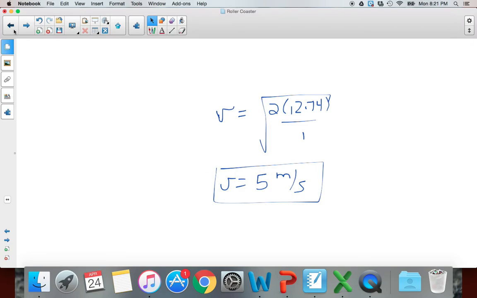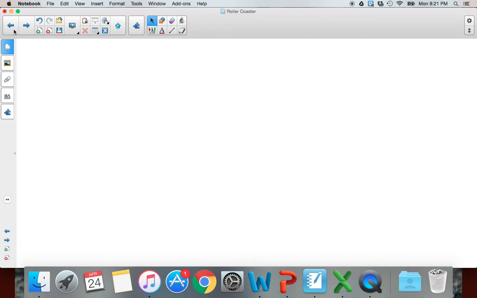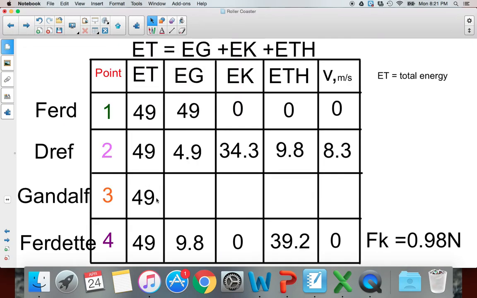So let's fill in our bingo card, and that'll be it. What have we got? Eg was 14.7, not 9.8.